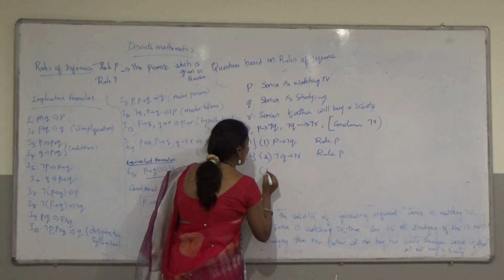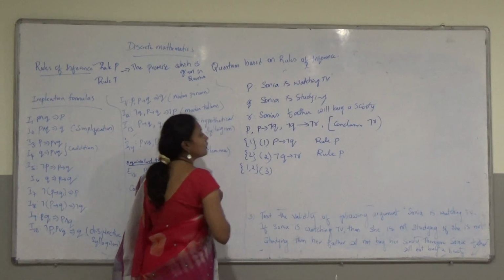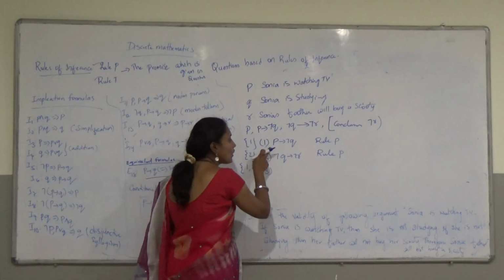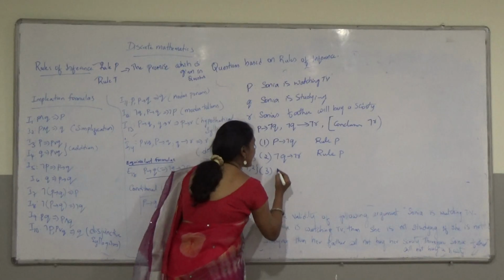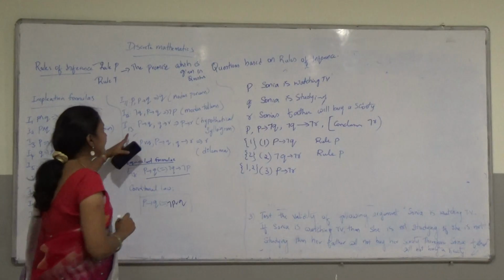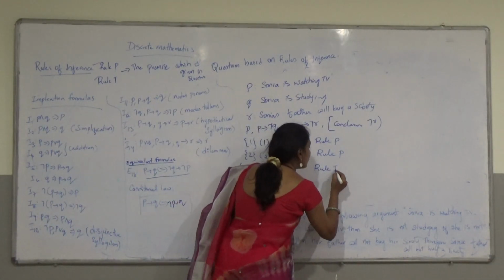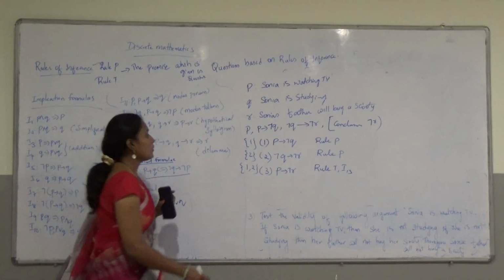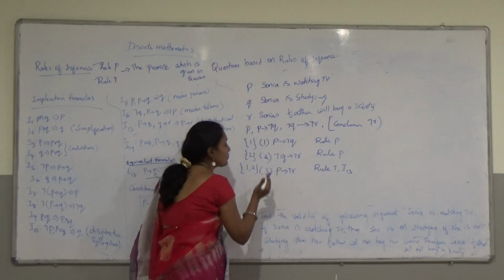Next, the third one, from 1 and 2, we are deriving one premise. So what is a suitable premise? It is in the form of P implies Q and Q implies R. So we can write P implies R according to the I-13 statement. So I am taking rule T. Most times we will use I-13 and I-11. So this is the conclusion I got from both the 1 and 2 premises.